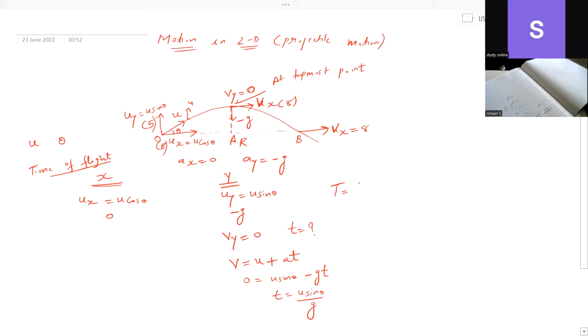Because this is symmetric, the total is 2U sin theta by g.